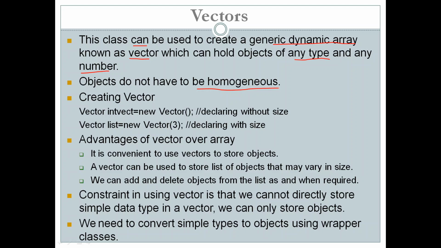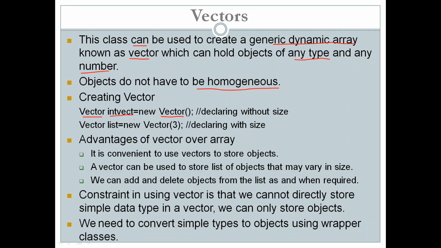Now how can we create a vector in Java? A vector is created like we create a regular object in a Java program. The syntax of creating a vector is: Vector, the class name, then the object name, intVect, equals new keyword, Vector constructor.